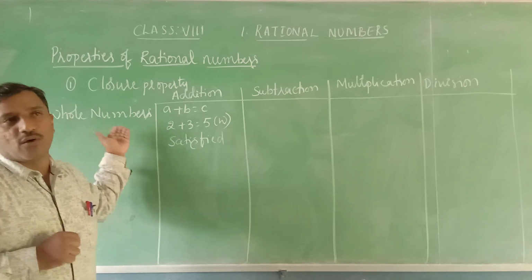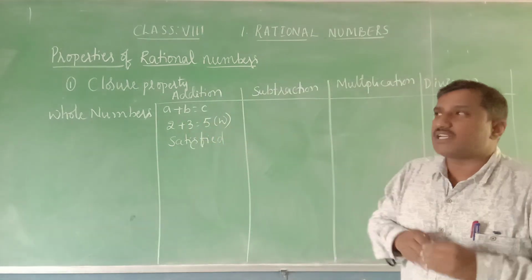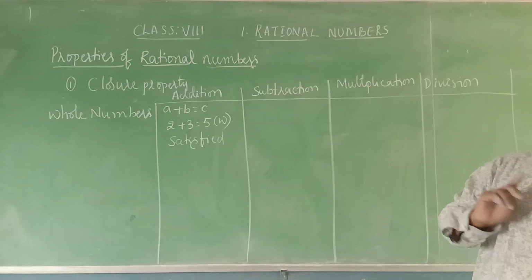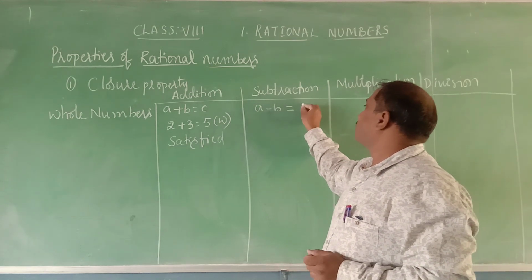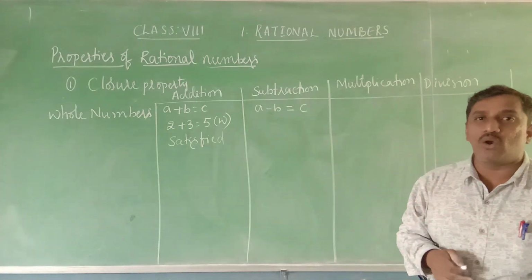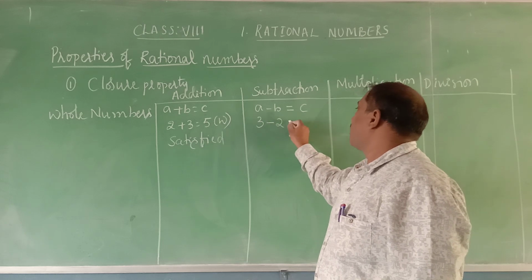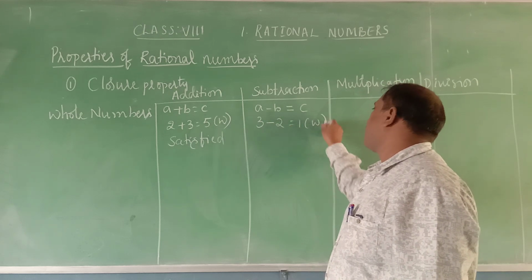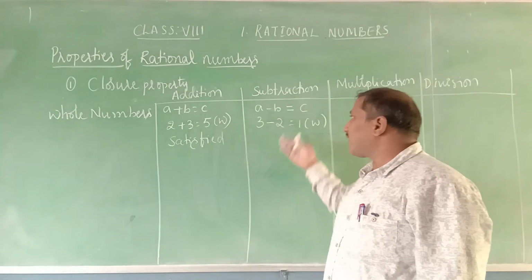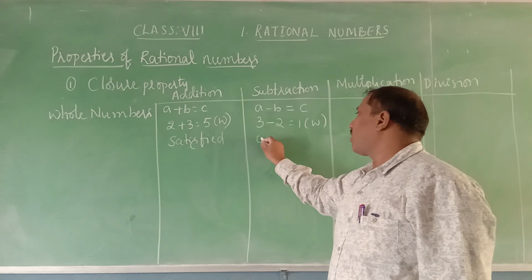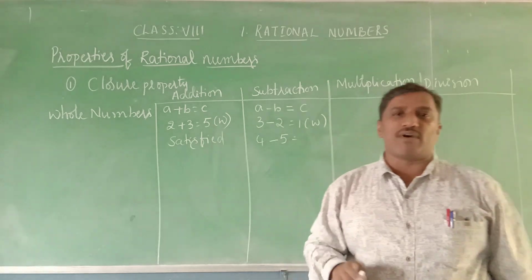Then we will discuss whole numbers under subtraction. The difference of two whole numbers is also a whole number, that is, A minus B is equal to C. We take two examples. 3 minus 2 is equal to 1. 1 is a whole number. For this example, it is satisfied. Now consider one more example, let A is equal to 4 and B is equal to 5. 4 minus 5 is equal to what?